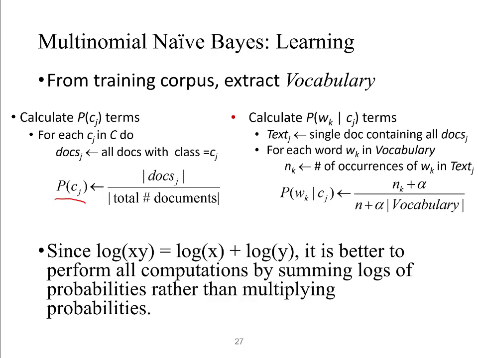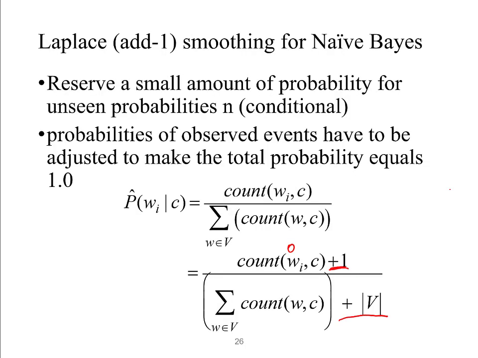And for each word Wk in the vocabulary, we get the number of occurrences of Wk in this mega document. And then we can compute the probability like this. Alpha is equal to 1 if we use add-1 smoothing, and this is also the default value of this Laplace smoothing method.